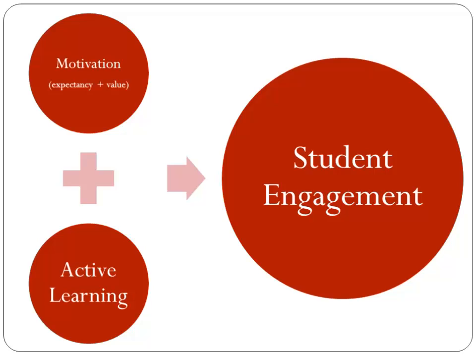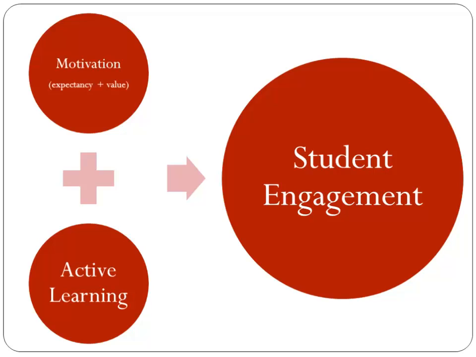So the way that we really get student engagement is twofold: that we have them do active learning, where they're engaging themselves in active learning, and that they feel a good motivation for the subject. And the way that we can foster motivation is twofold. Number one, they have to actually believe that they can do the work and do it successfully, and they have to believe that the work they're doing is of significant value in their lives and in their studies.